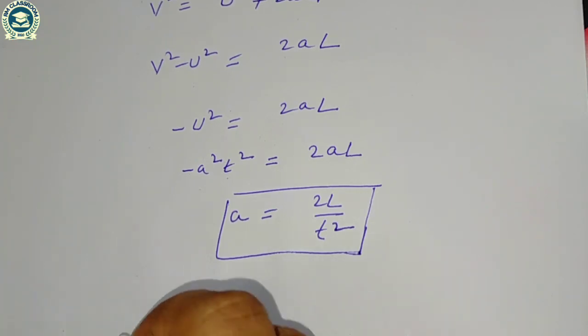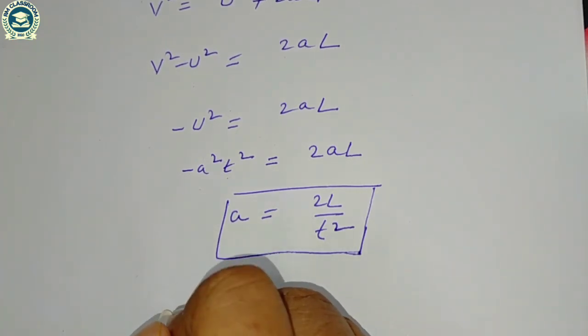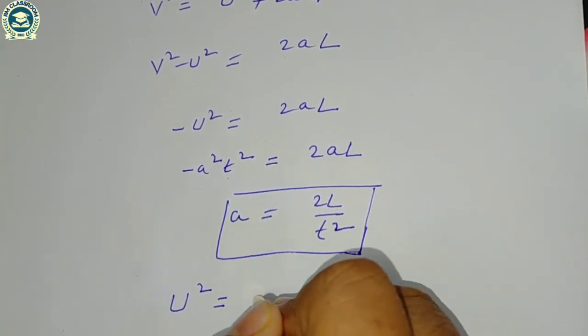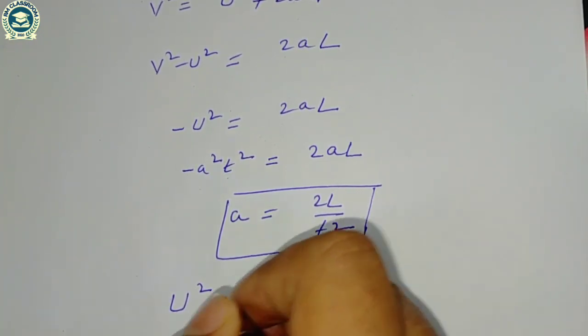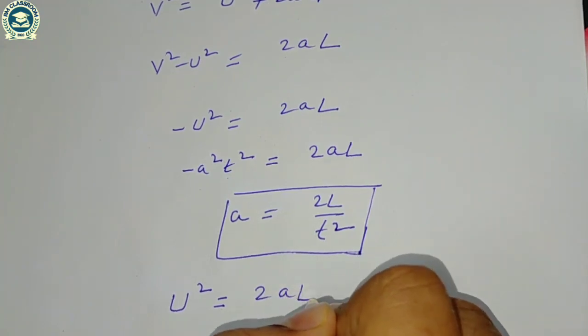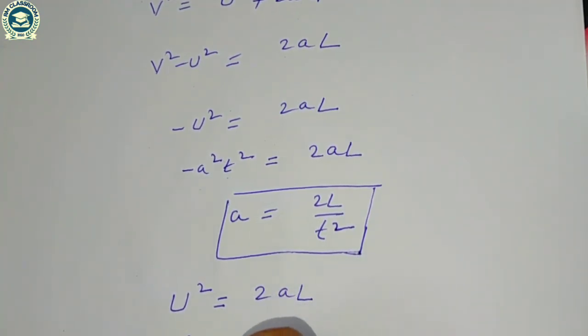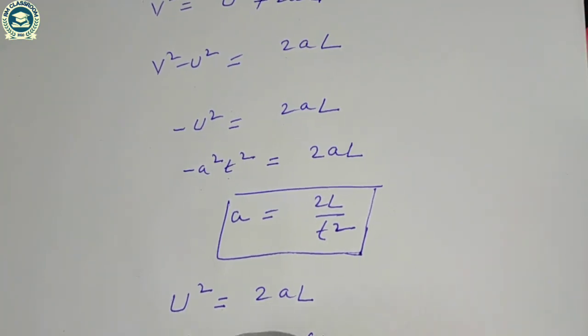We can also write u square is equal to 2aL, or u square is equal to 2 g into F L. So 2aL is equal to 2gFL.